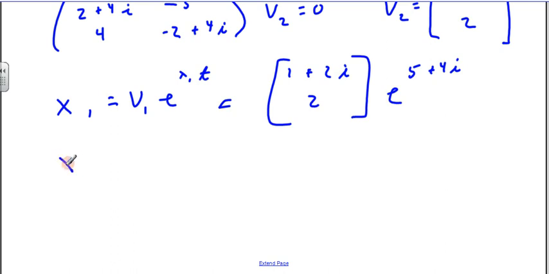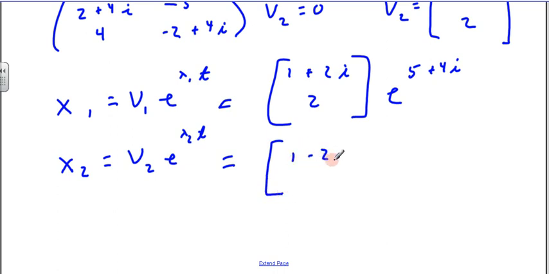And I have x2, which is going to be v2 e to the lambda 2 t, which is going to equal 1 minus 2i, 2, e to the 5 minus 4i.